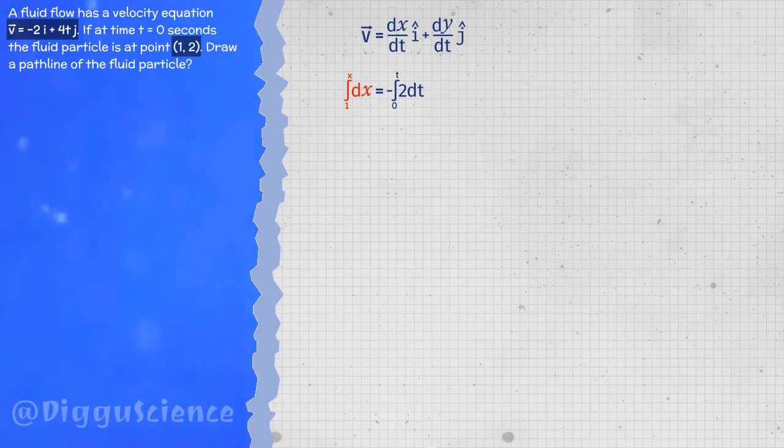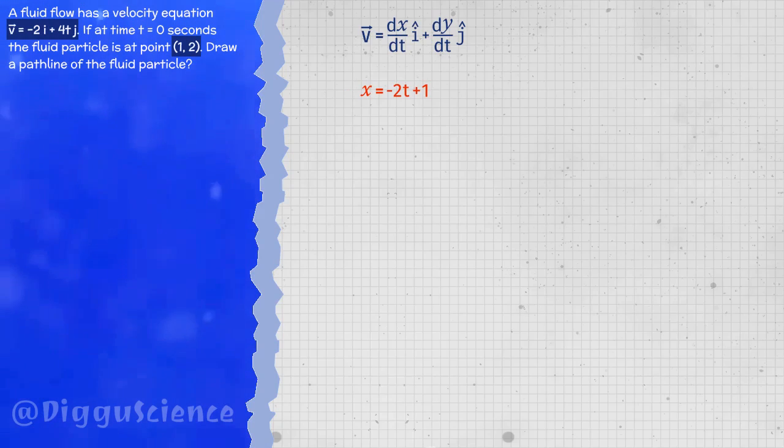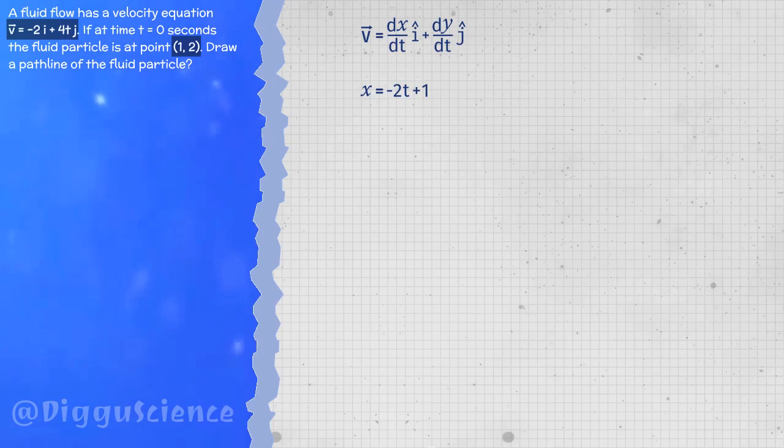The integral on the left side is x. The integral on the right side is t. Now, enter the upper and lower boundaries which are applied to the integral function. x is equal to -2t plus 1. This is the abscissa position of the particle at a certain time.